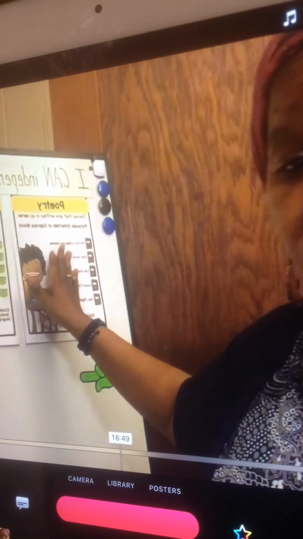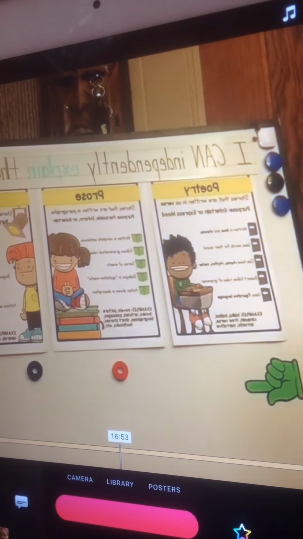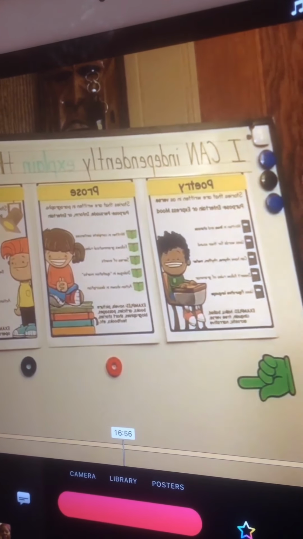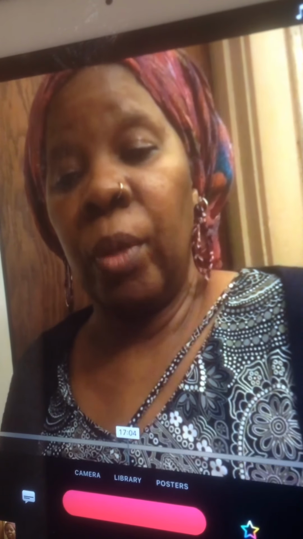So now we covered three things and some key components of poetry, prose, and drama. You're going to continue to work on this. Like I said, Monday, Tuesday, and Wednesday, you have some independent activities to do that will help you solidify what you've been taught.